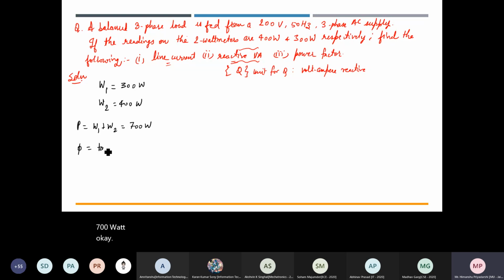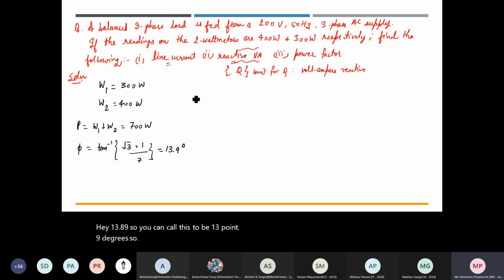Phi will be tan inverse root 3 times (W2 minus W1) upon (W2 plus W1), that is tan inverse root 3 upon 7, which is .89. So you can call this to be 13.9 degrees.